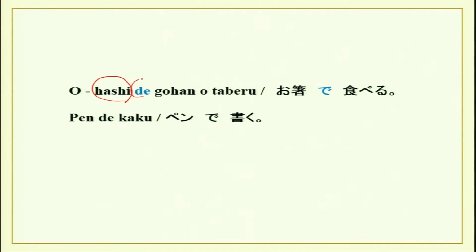So, hashi de gohan o tabemasu, or you will use a pen to write or a pencil to write, or a brush to paint. So, pen de kakimasu. Similarly, we can also use particle de for instruments or means used to do something. Now, this sounds a little confusing, so let us look at the example.